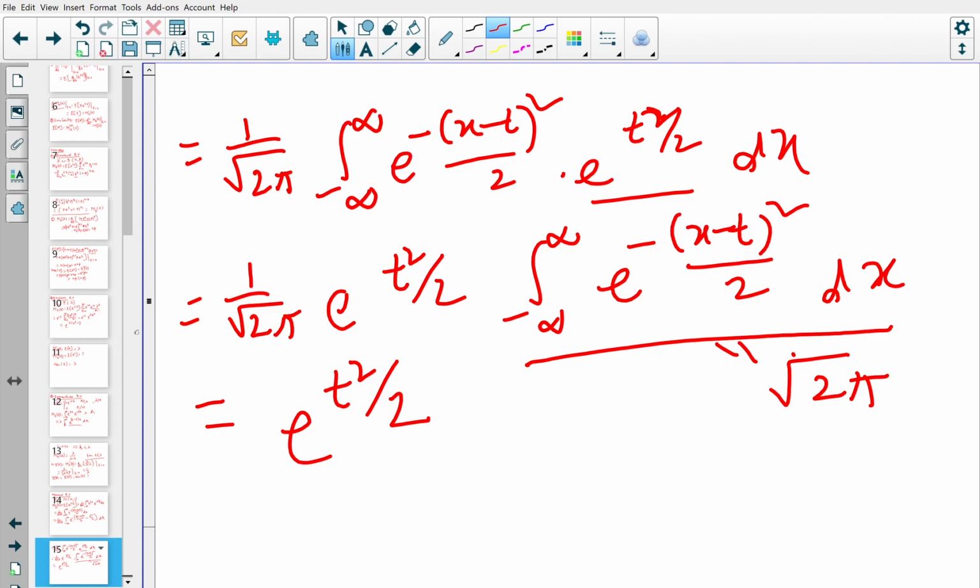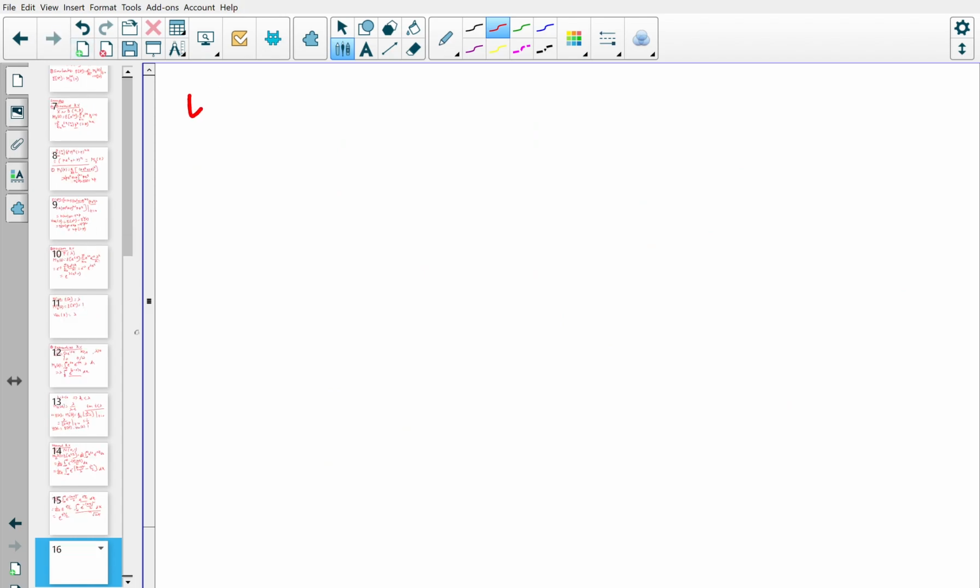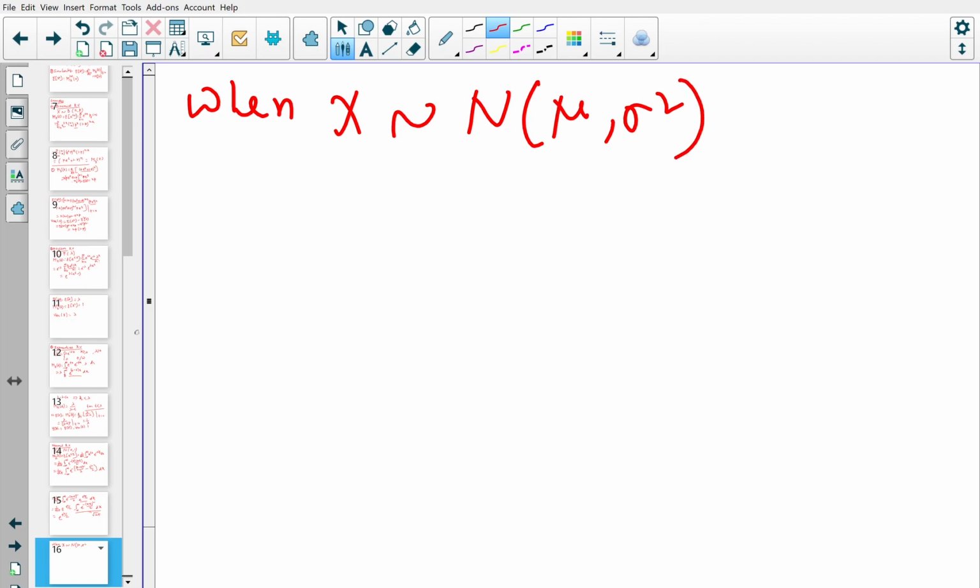Okay, now what about the general case, when X is normally distributed with mean mu and variance sigma square? Then we can write X in terms of mu plus sigma Z, since you can convert from any normal distribution to the standard normal distribution, and this is the formula.